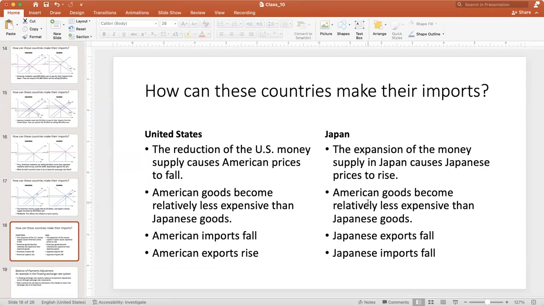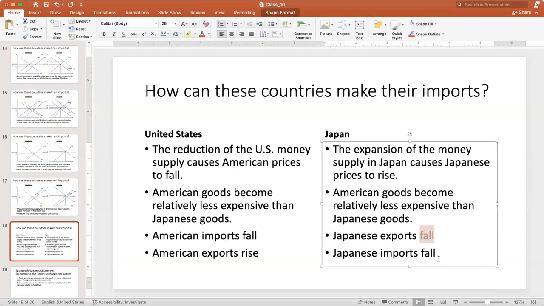So the demand in Japan will increase, and because of that, the prices of goods and products in Japan will rise. And American goods will become relatively less expensive than Japanese goods. And because of that, Japanese exports will fall and Japanese imports will rise.